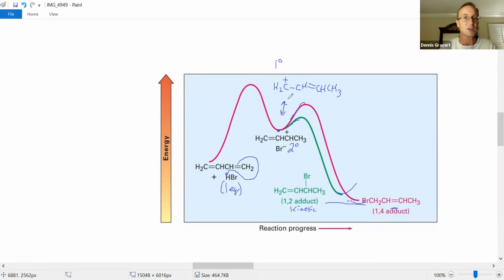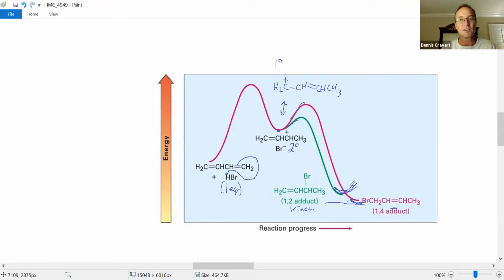It can form the resonance structure. And then sometimes this can react with bromine to make the 1,4 product, which is more stable, lower in energy. And that actually has a higher activation energy than this one. So as you make a mixture of products, sometimes you go over the small hill, sometimes over the larger hill. You make these two molecules at high temperatures.